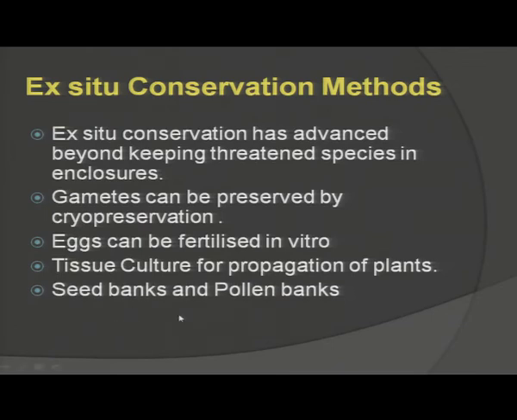Then there are seed banks and pollen banks, where the gametes can be preserved and kept so that they can be used in future. Then there is captive breeding for the animals so that their population can increase. So, these are the methods of ex situ conservation, which include zoological parks, botanical gardens, wildlife safari parks, and the latest methods of in vitro fertilization, cryopreservation, seed banks, pollen banks and captive breeding.